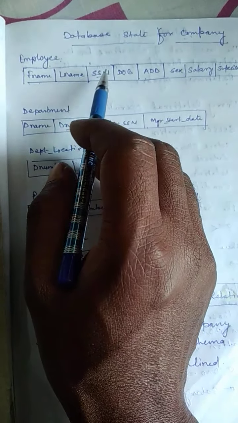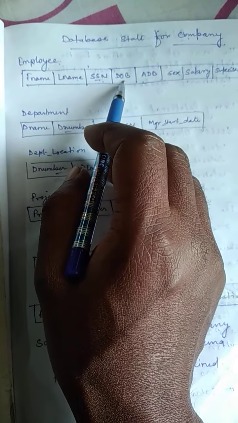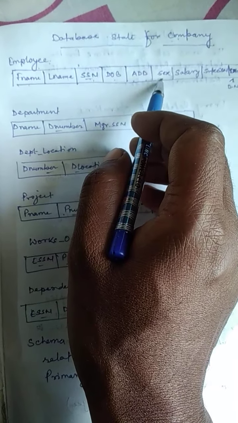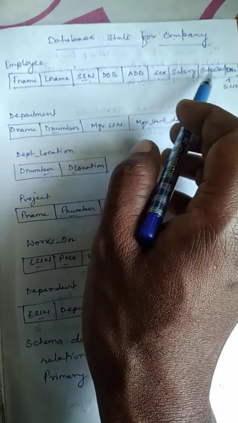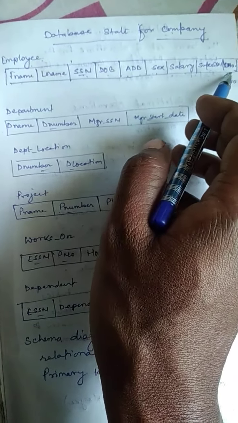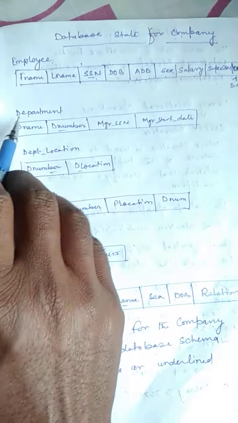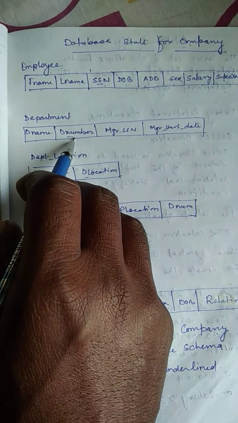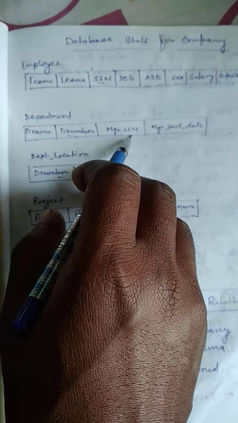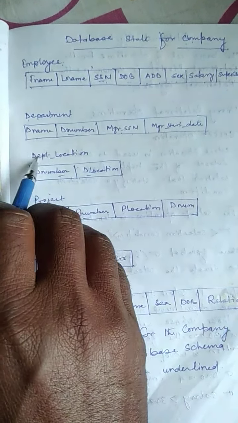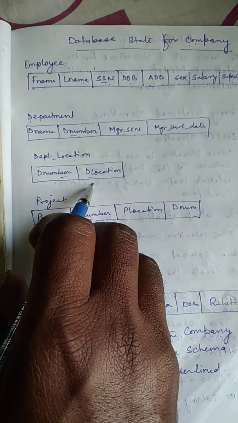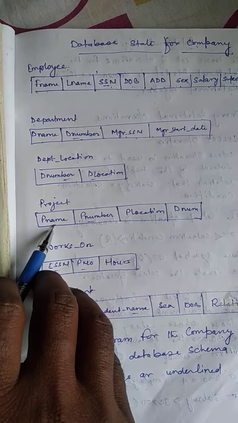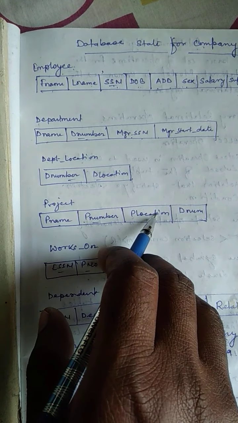SSN is the social security number, and DOB, date of birth, address, sex, male or female, salary, super SSN number, and department number. Second is the department entity. Attributes are department name, department number, manager SSN number, manager start date. After that, department location: department number and department location. Project attributes are P name, P number, P location, and department number.